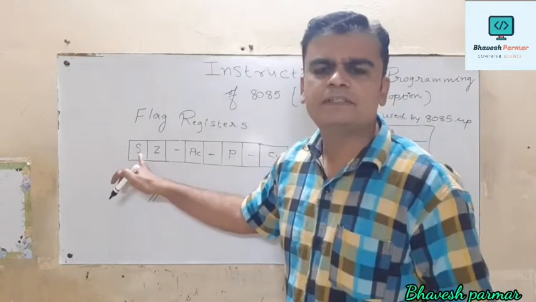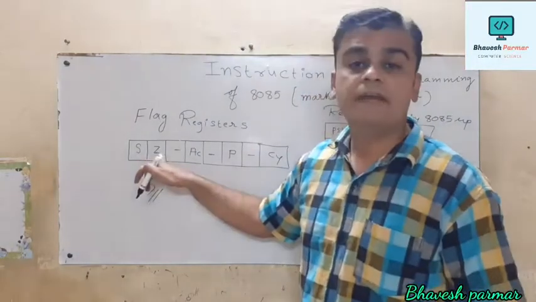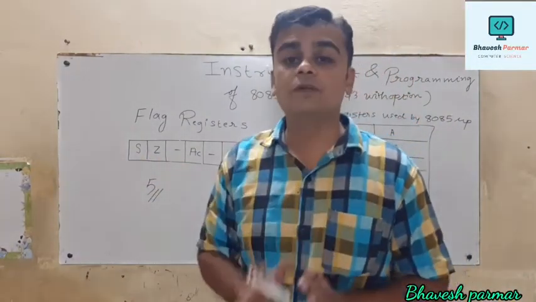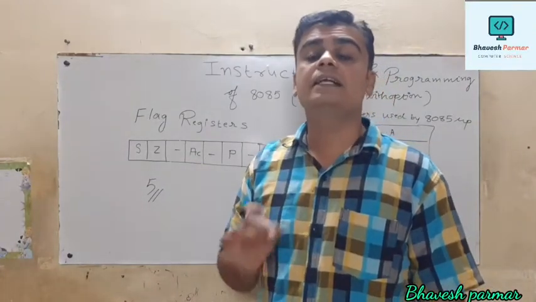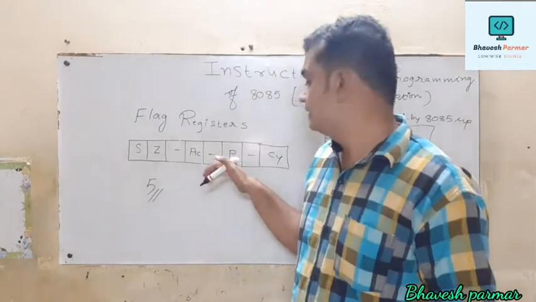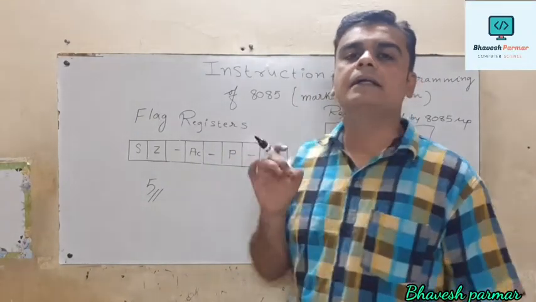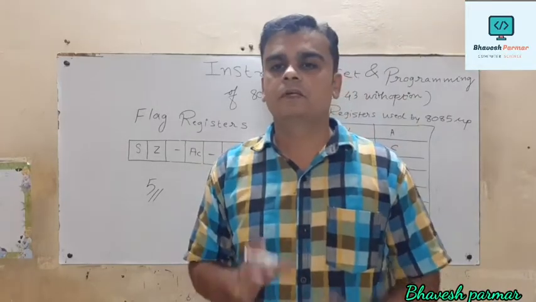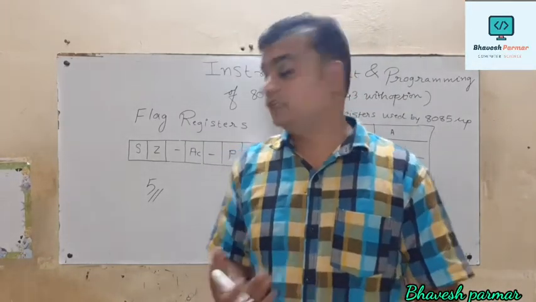S flag represents the sign flag. Z flag represents the zero flag. AC flag represents the auxiliary carry flag. P flag represents the parity flag, and finally CY represents the carry flag. Let me take a quick review of how these flags get changed.